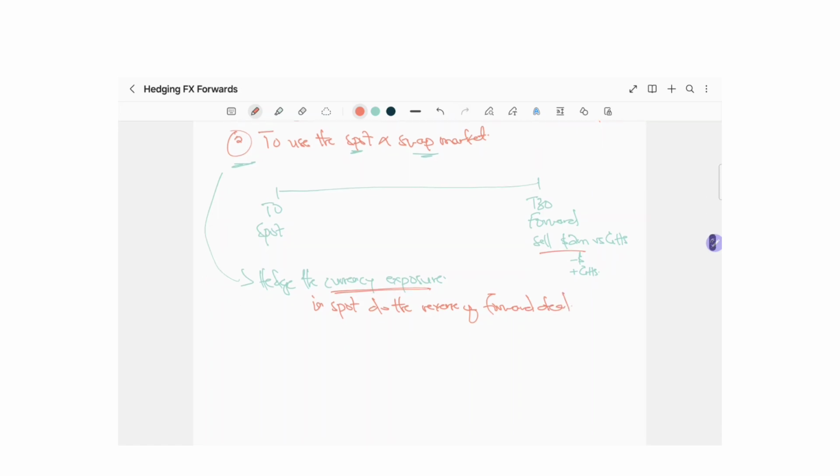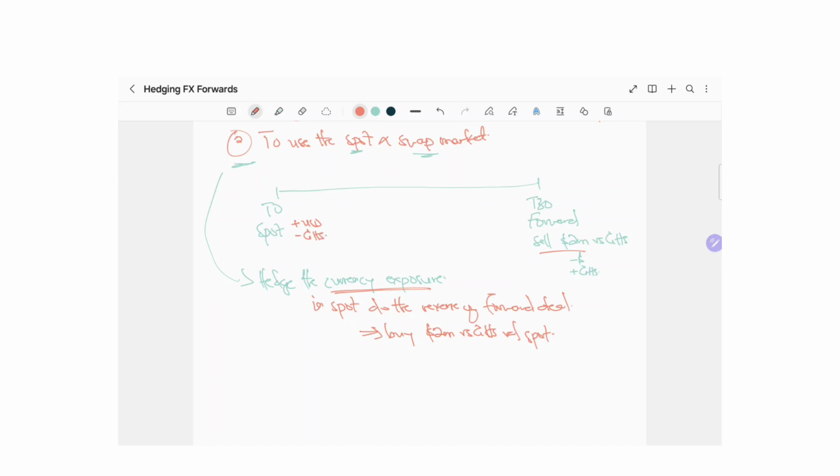So in this example, if we are selling $2 million, what we need to do is to buy $2 million versus CD via spot. We buy it today. So what we have done is the hedge. Today we have bought USD and surely we will be paying CD out.